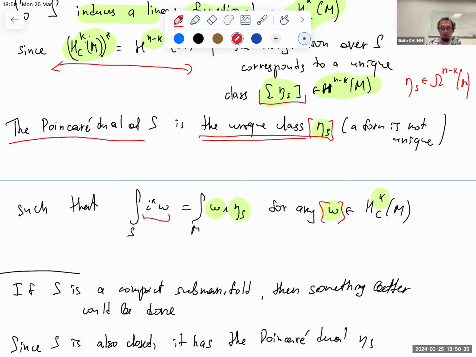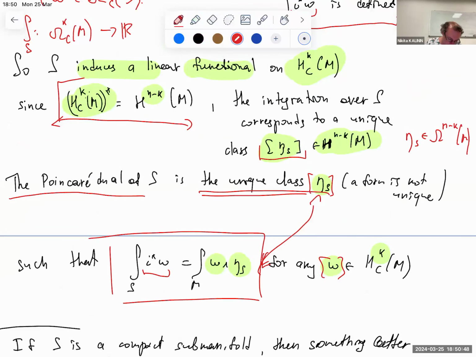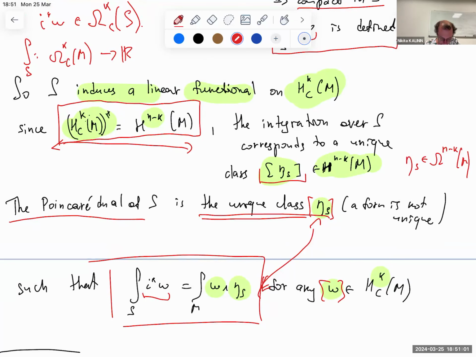So you know that if such a form eta S satisfies this property, then by Poincare duality, indeed it represents this class. Because exactly by this Poincare duality for the dual space, if you know that it acts as a linear functional exactly as another form, then they must belong to the same cohomology class. Any questions here?